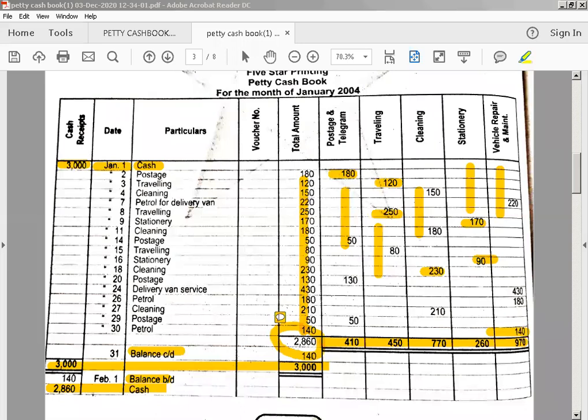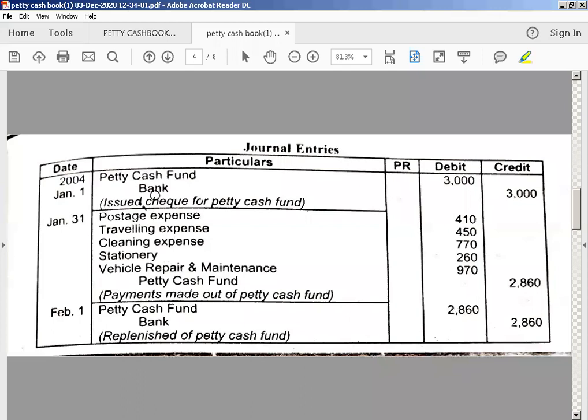Okay, now we have journal entries for the petty cash book. Yes. This is your first journal entry. After maintaining the petty cash book, we will record three transactions. And what are these three transactions? Number one, we always record the issue of the check.